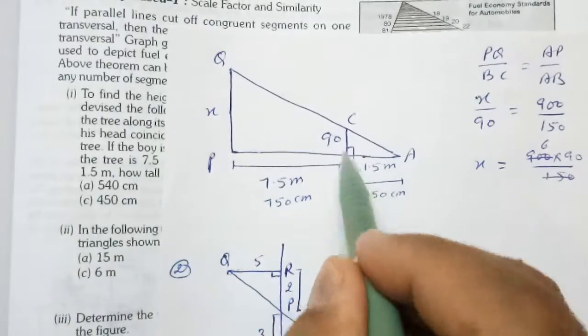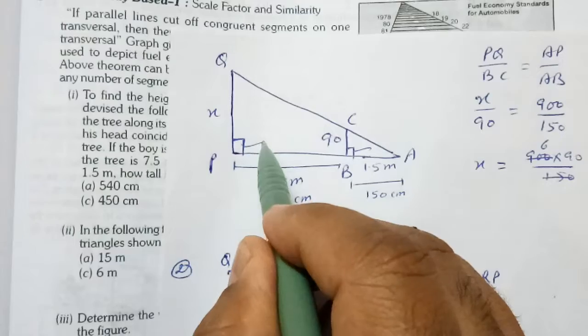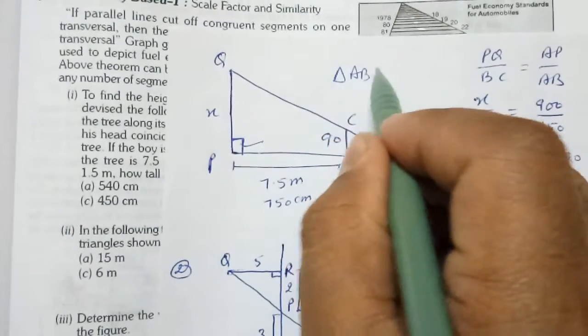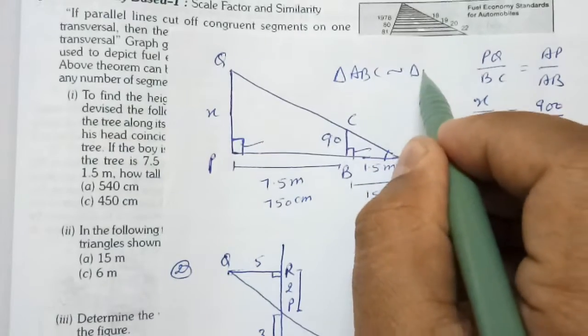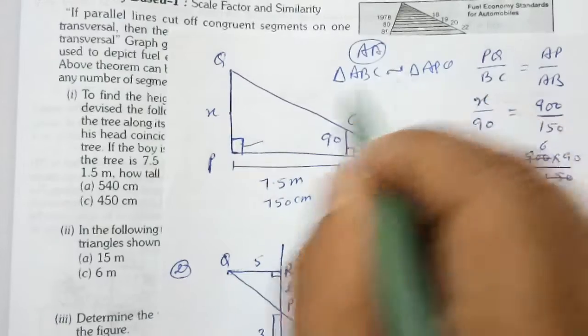These two angles are equal and this angle is common in both triangle ABC and triangle APQ. So by angle similarity, both triangles are similar.